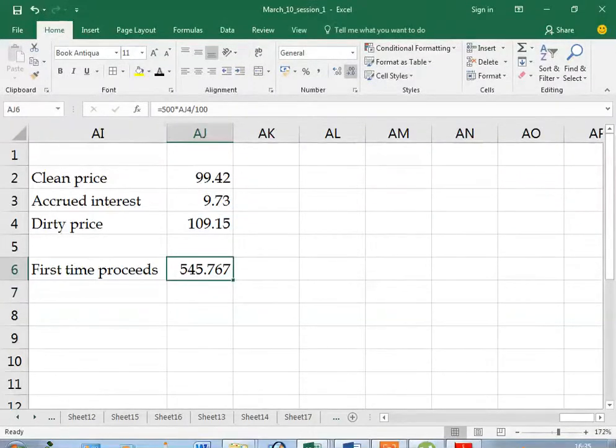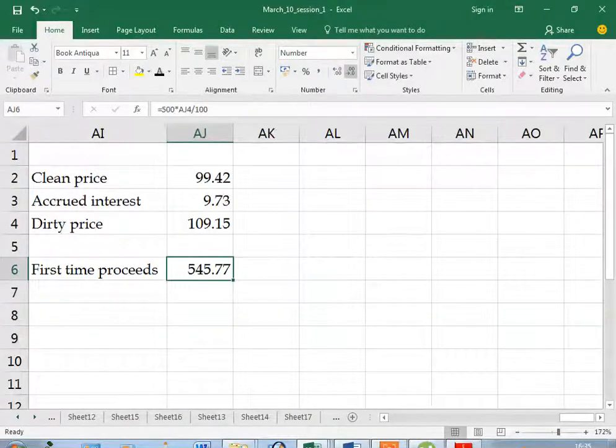When I go to somebody and ask what is the value of this instrument, because of accrued interest, the value will keep going up. The moment the interest is paid out, the value will come back to the original face value or the clean price. So the value has now touched 545.77 lakhs. 500 into 109.15 divided by 100.